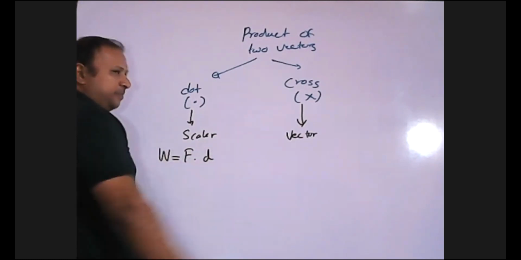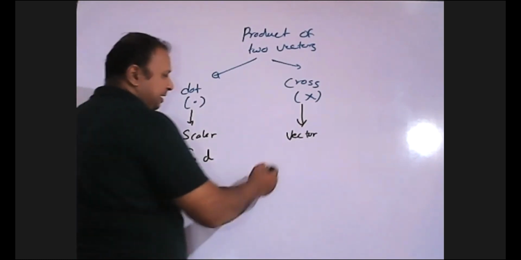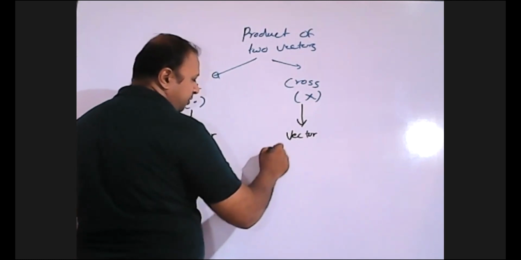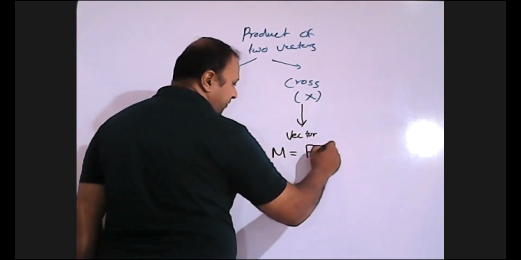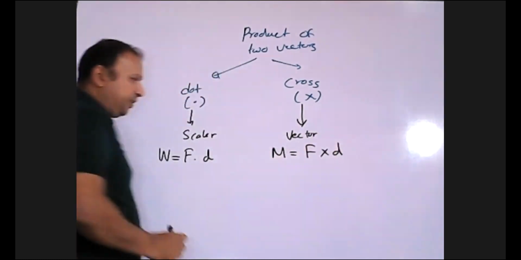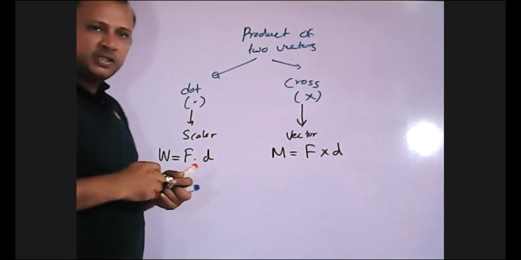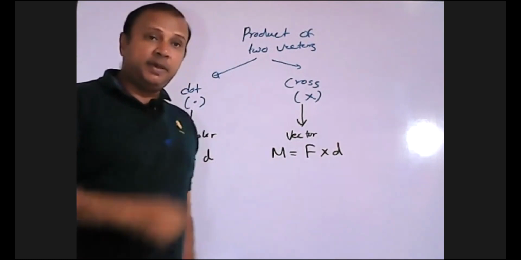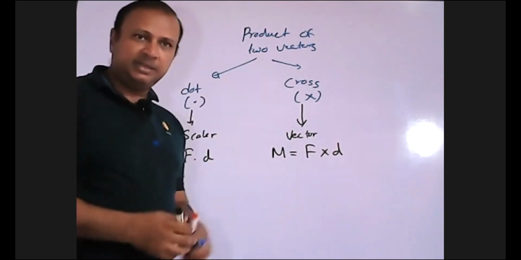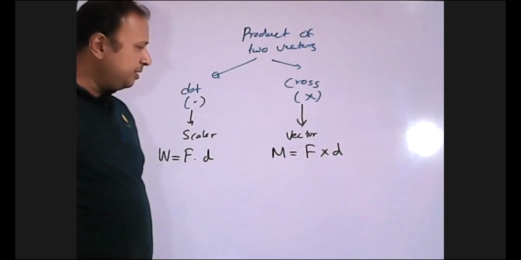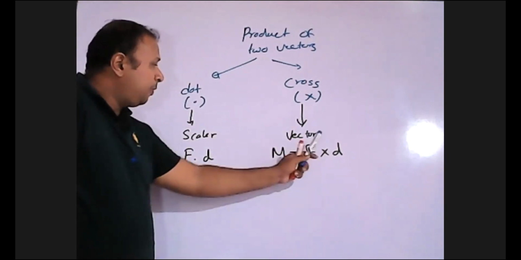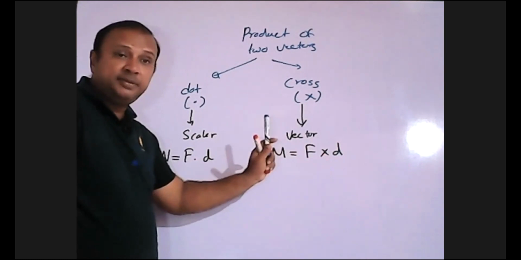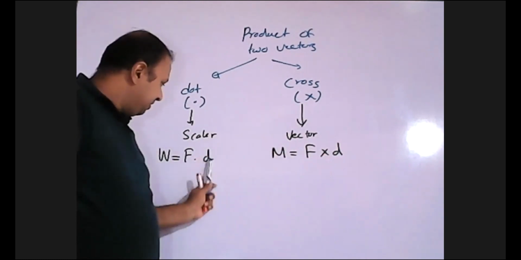We can use the same physical quantities. Suppose we want to find moment. Moment is equal to F into D, where F means force and D means the perpendicular distance, which is also like a displacement. So this is a force and this is a displacement.